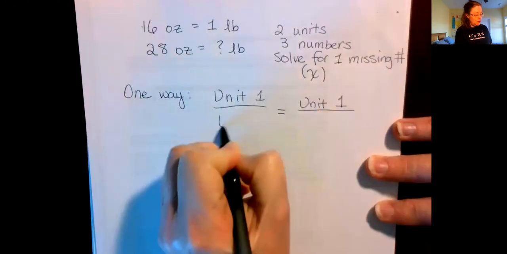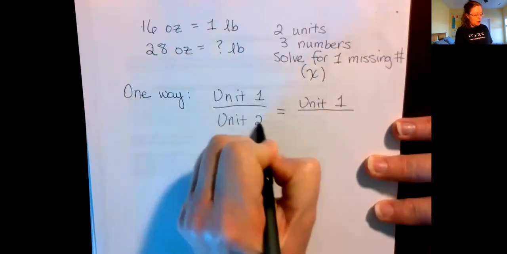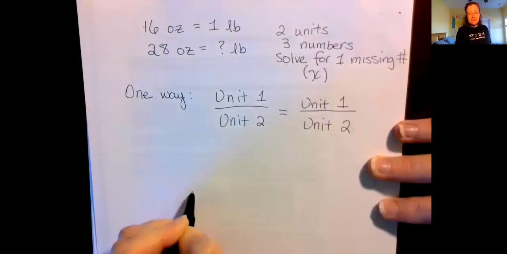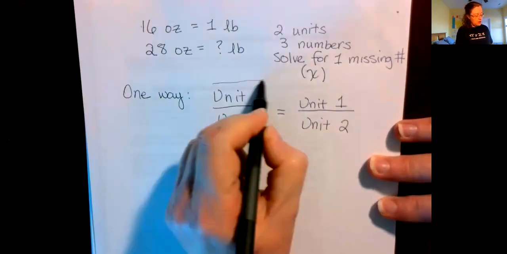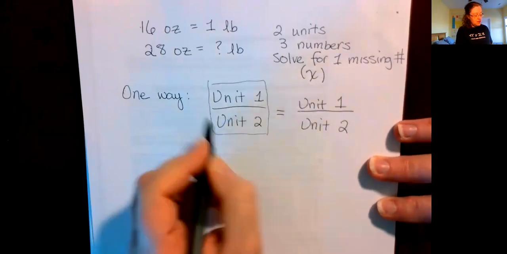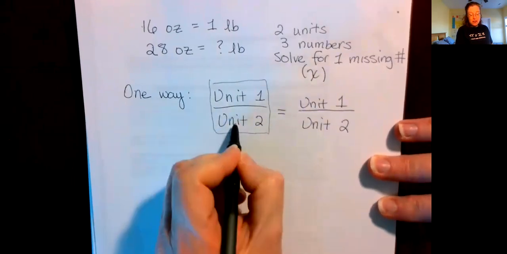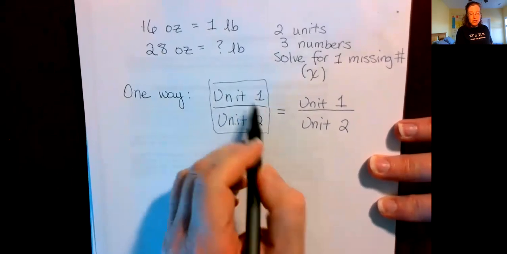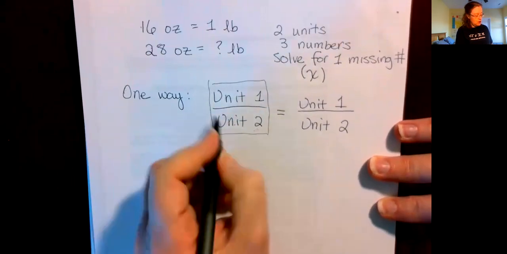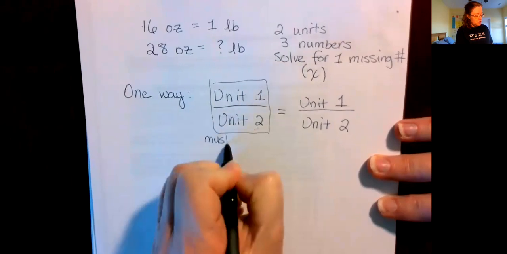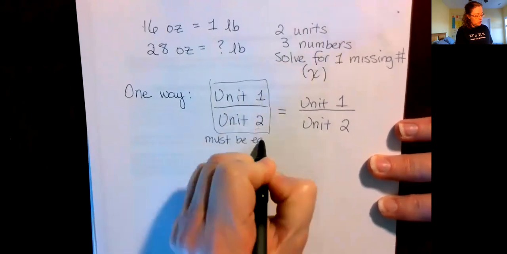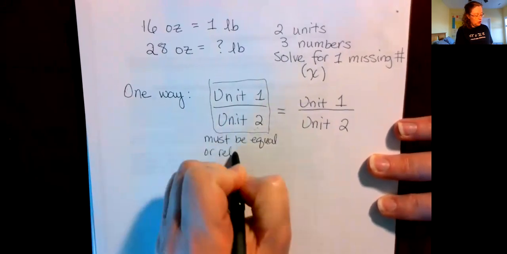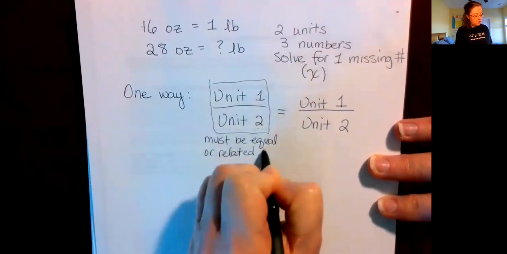Then whatever the other unit is, I put on the bottom on both sides. The rule is that the numbers that go in with these units must make the 2 equal to each other, or related to each other, maybe equivalent could be a word.